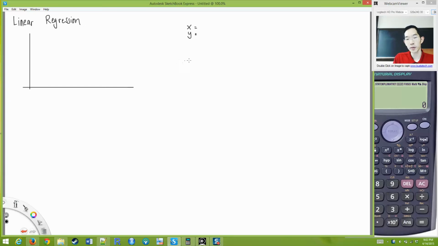The x is the number of pages in a book, and y is the thickness or width. The idea is we use the x variable to make a prediction for y.